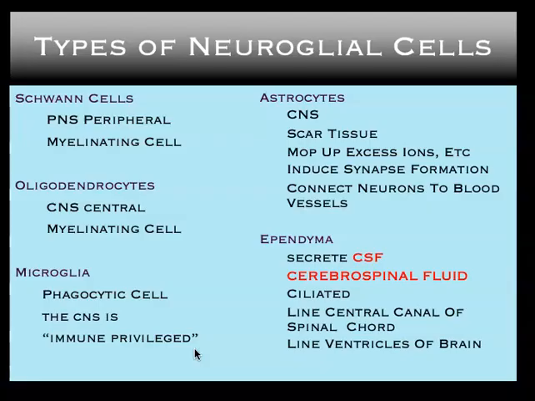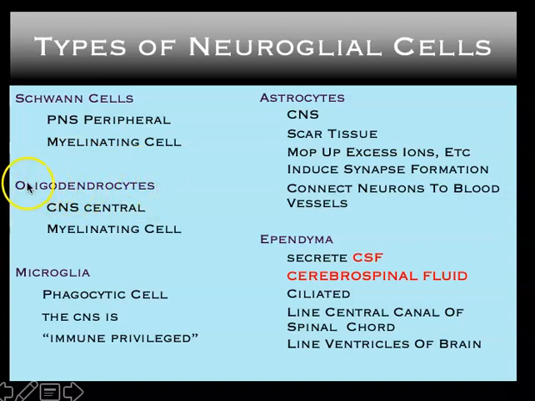So the neuroglia are really interesting. Remember we talked about the Schwann cells, right? Well, the Schwann cells are found in the nerves of the periphery, all right? They're myelinating cells. And they have a counterpart in the central nervous system called oligodendrocytes, all right? So Schwann is outside, oligodendrocytes is inside. This is a really complicated word.